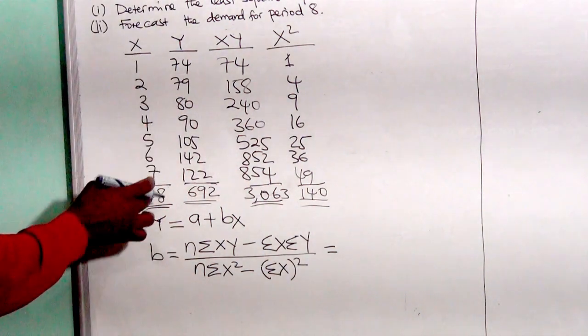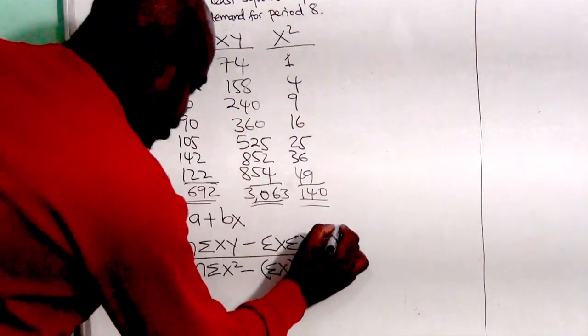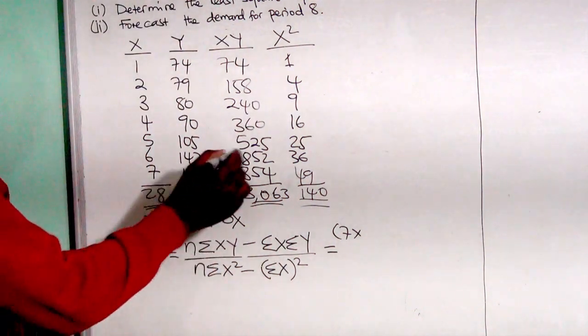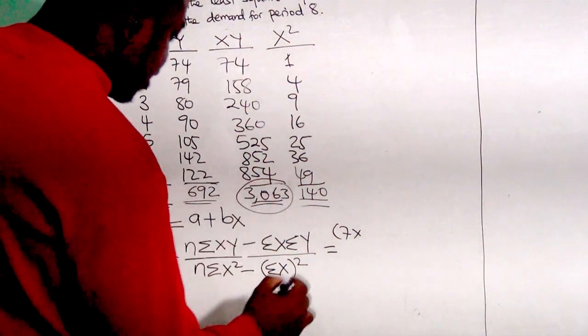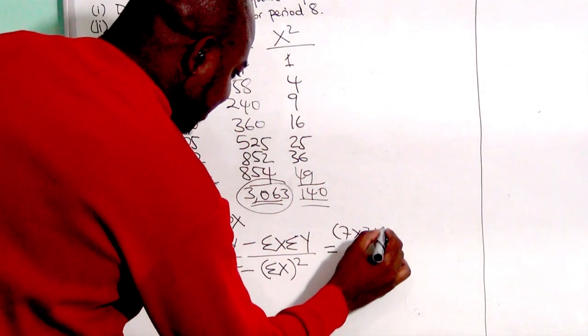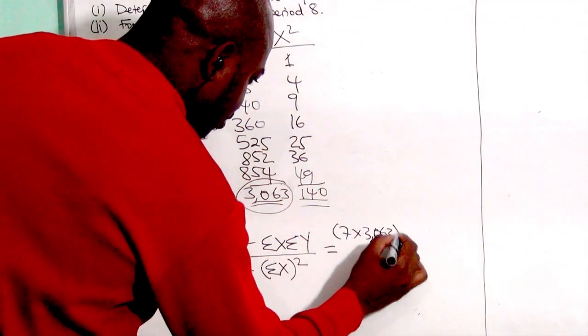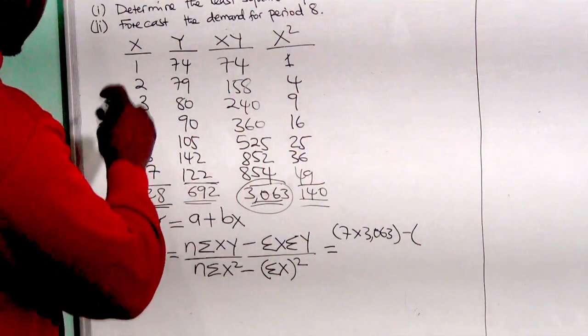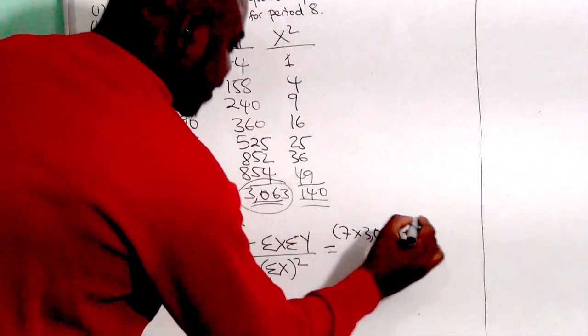N is the number of elements. There are 7 here. So I'll say 7 multiplied by summation xy. Summation xy is that guy there, so I have 3063, minus summation x multiplied by summation y. Summation x is 28.